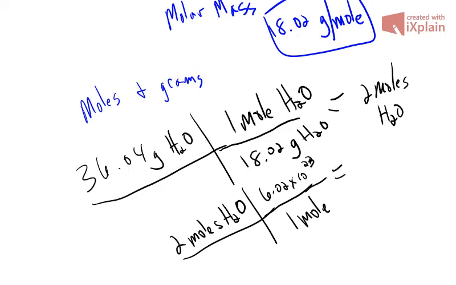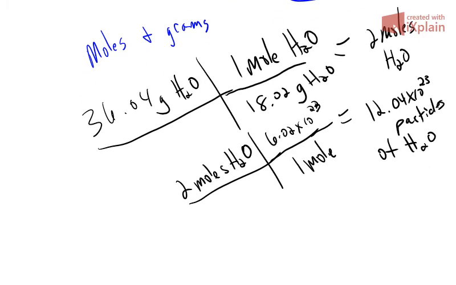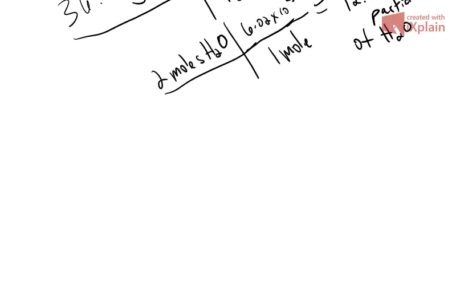And so, if I do 2 times 6.02 times 10 to the 23rd, I have 12.04 times 10 to the 23rd particles of water. Boom, bang, bop. We can convert between grams, moles, and particles. Okay? That's it. That's all you need to know for that.